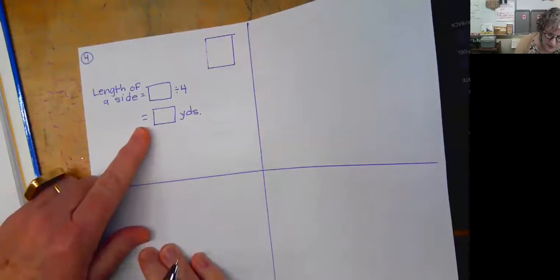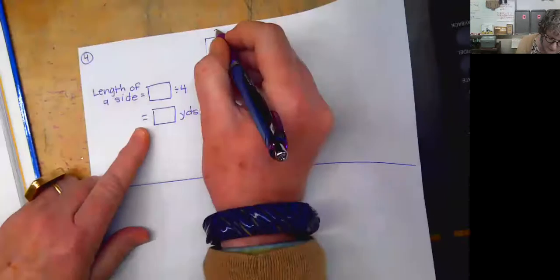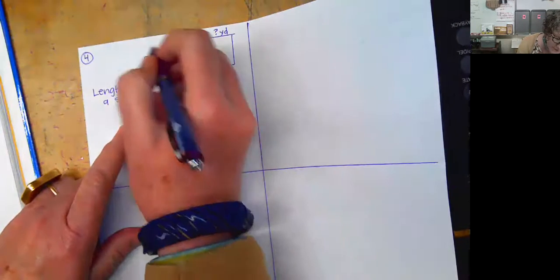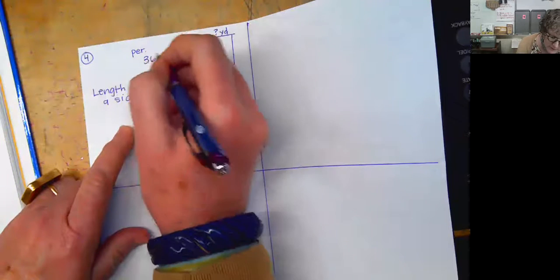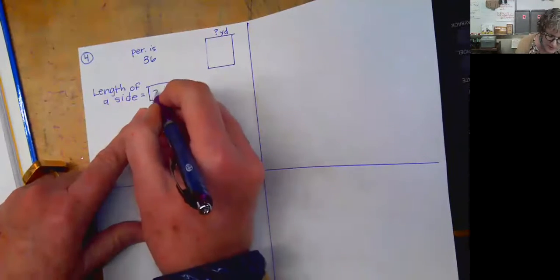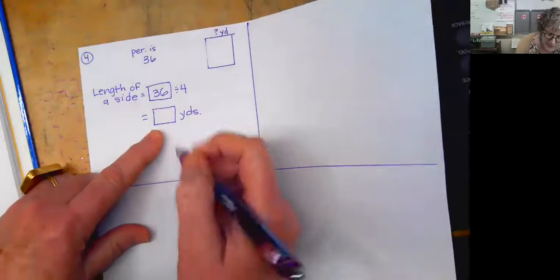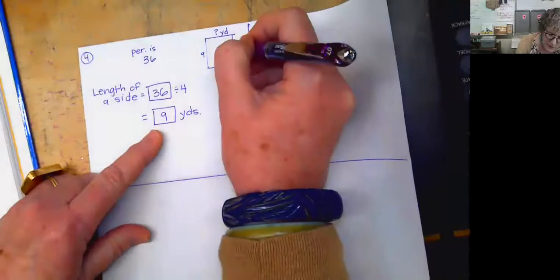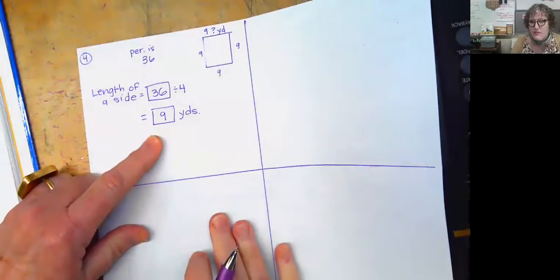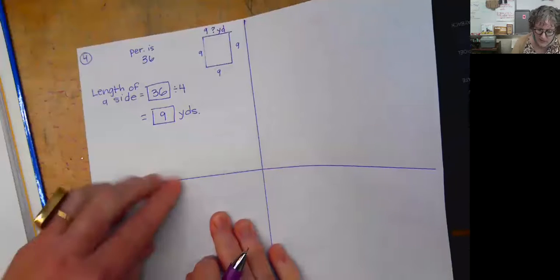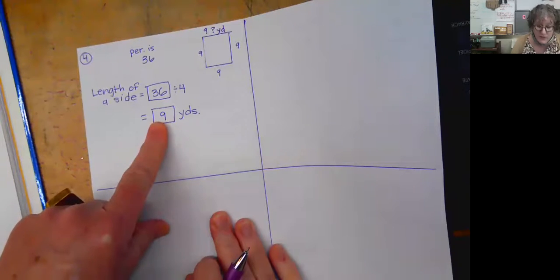So if the perimeter is 36, then I know that the length of a side is going to equal 36 divided by 4. And that means that each of the sides is going to be 9. And I also know that 9 plus 9 plus 9 plus 9 is 36. So my answer is the length of a side is going to be 9 yards.